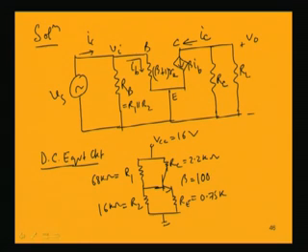Now, in order to find this RE, we have to find the capital IE, because 26 millivolt by IE is equal to RE.